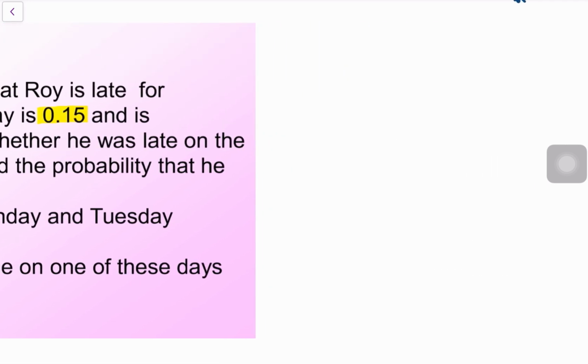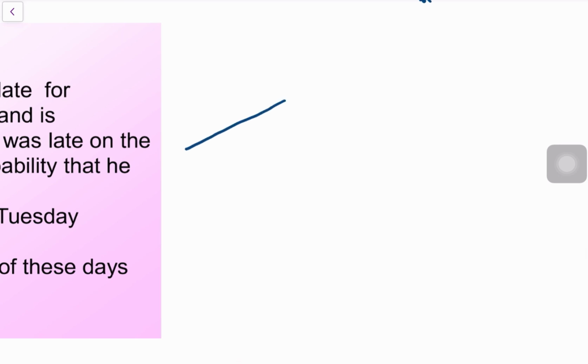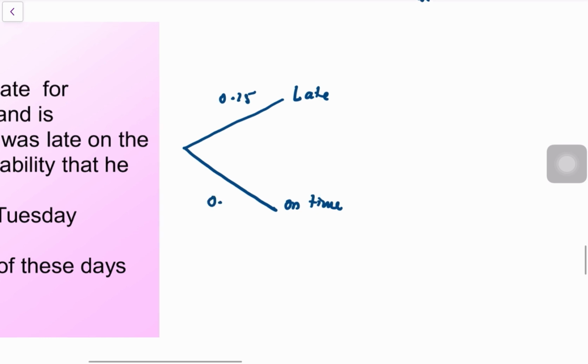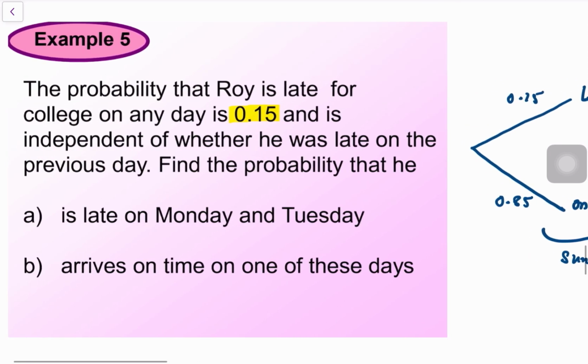Okay, so let me just draw the tree diagram first. This is late and on time. We know that the probability that he is late is 0.15 and the probability that he is on time is 1 minus 0.15, which gives us 0.85. This is on the first day. Then we continue with the next day.